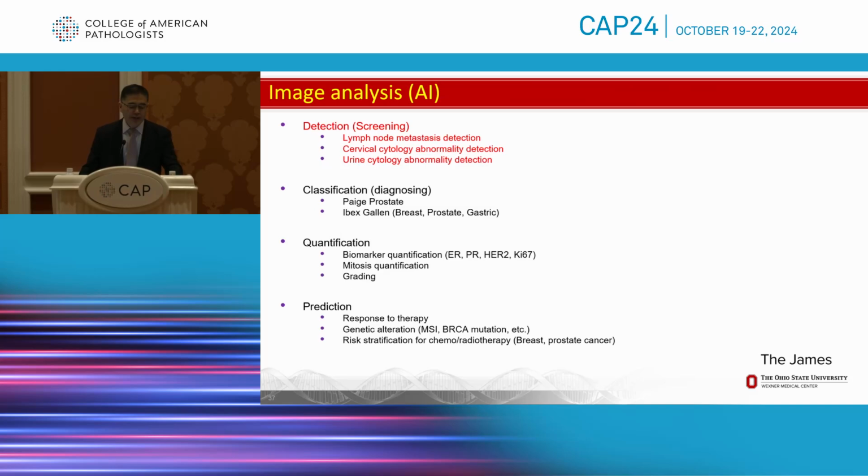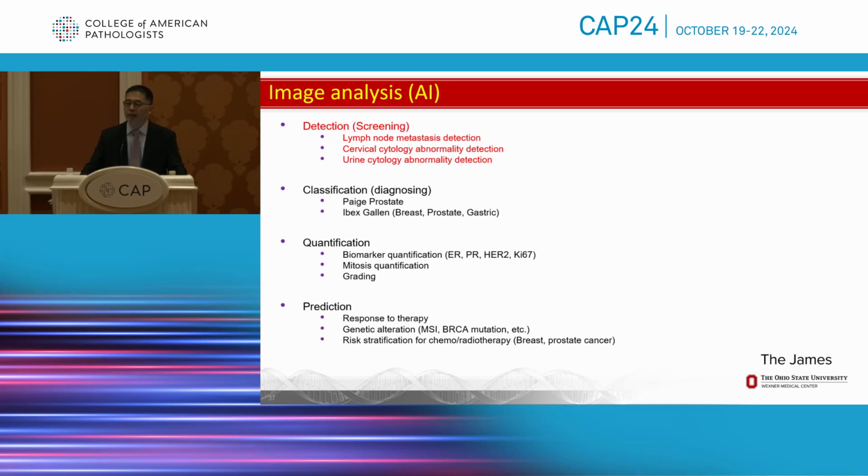So personally, I categorize those tools into 4 categories: detection, classification, quantification, and prediction. For detection, there are lymph node metastasis detection, cervical cytology abnormality detection or screening, and urine cytology abnormality detection, as some of those examples.